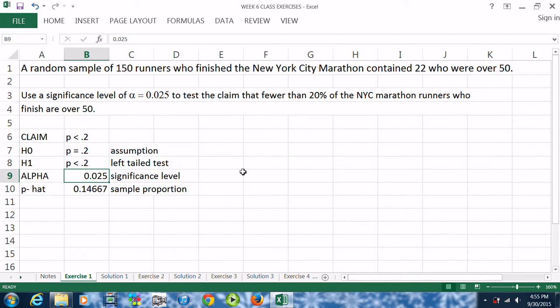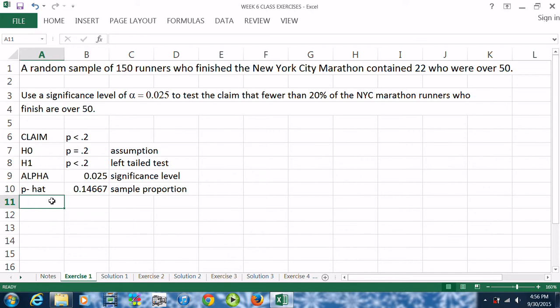So if we work with a 95% confidence level, then we'll take half of the remaining 5% to go into the left tail. So 2.5% in the left tail, so that our significance level alpha would be 0.025, and that is the probability of an unlikely event occurring. And if an unlikely event occurs, it's more likely your assumption is wrong. For this example, we need our sample statistic, which is the sample proportion called p-hat, and that is simply x over n. So when we did 22 divided by 150, we get 0.14667.